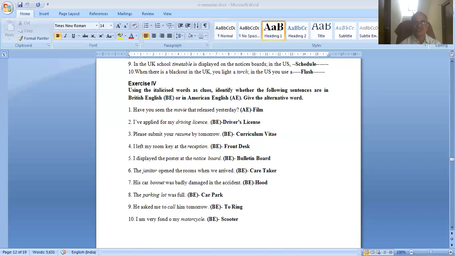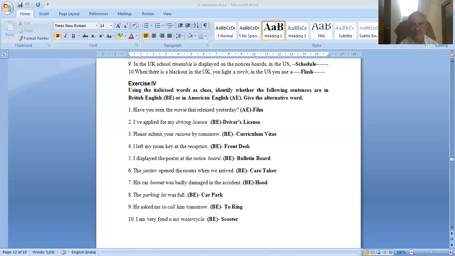But the Americans use another word to refer to reception. They use the word front desk. So front desk is the American word for reception.